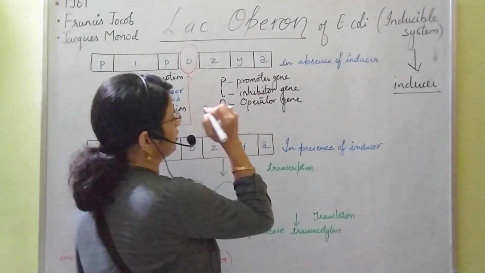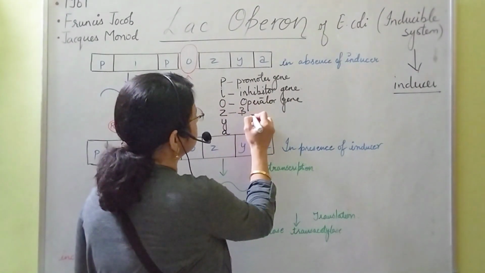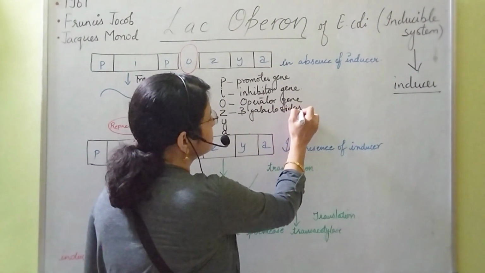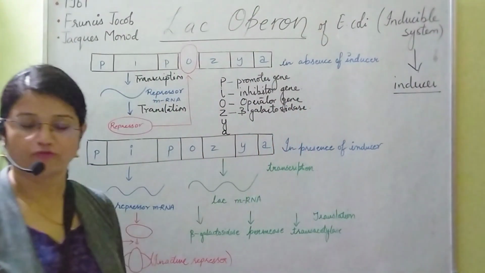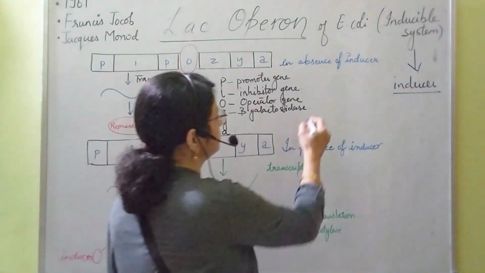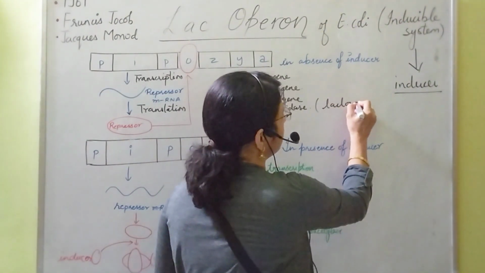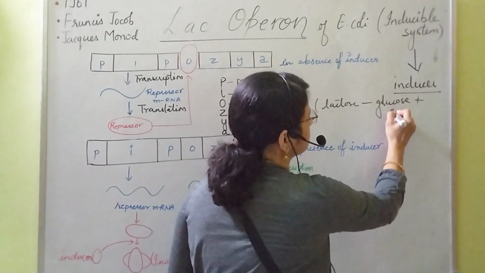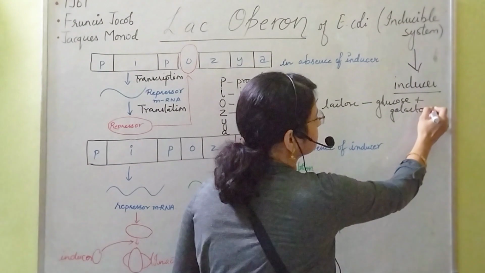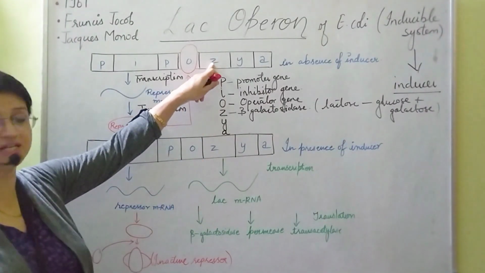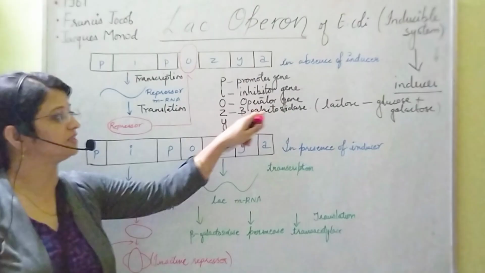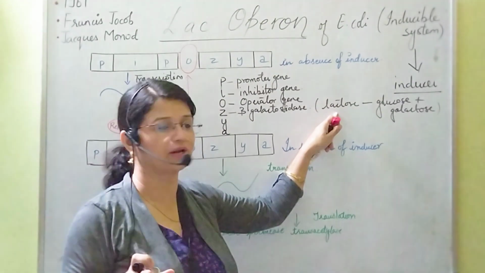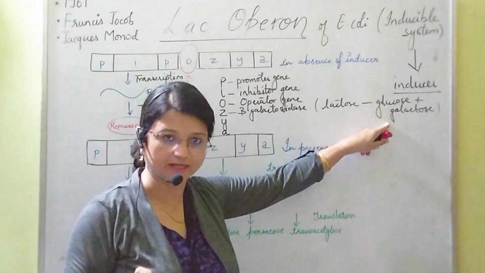The gene Z will produce the enzyme beta galactosidase, and this enzyme is required for breakdown of lactose into glucose and galactose. Clear? So the gene Z produces beta galactosidase, which is required to break down lactose into glucose and galactose.